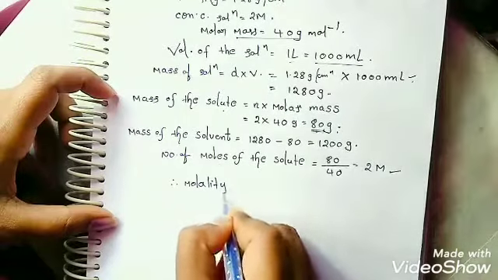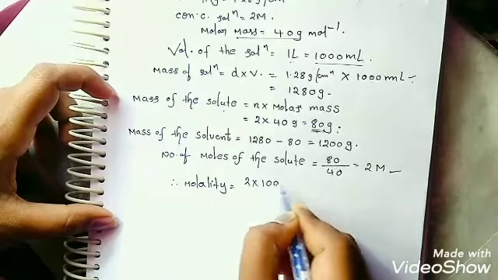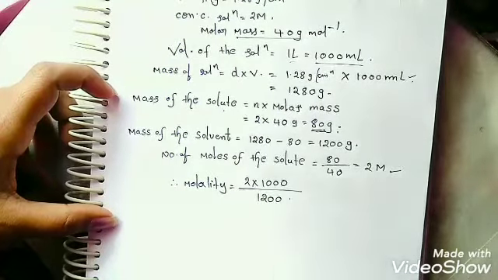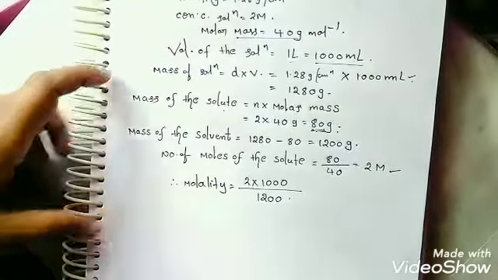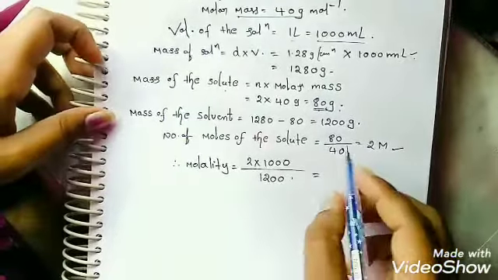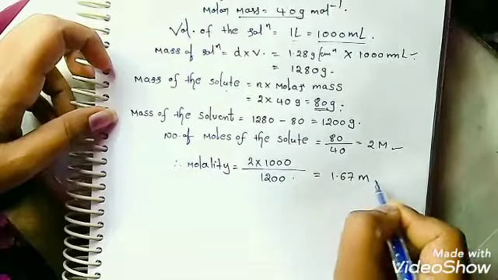The formula is 2 into 1000 by 1200, that is 2000 by 1200. If you do the simple calculation, the answer will be 1.67 molal.